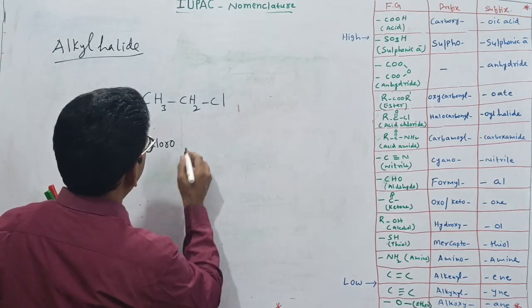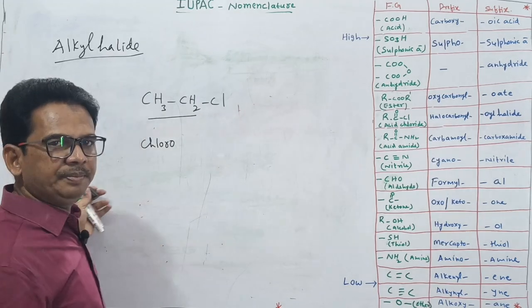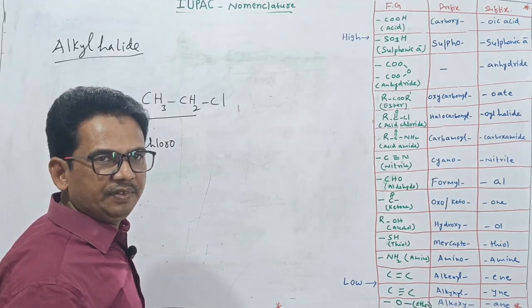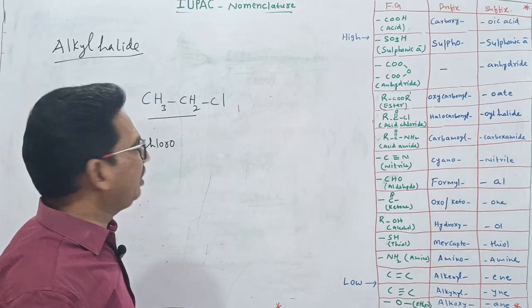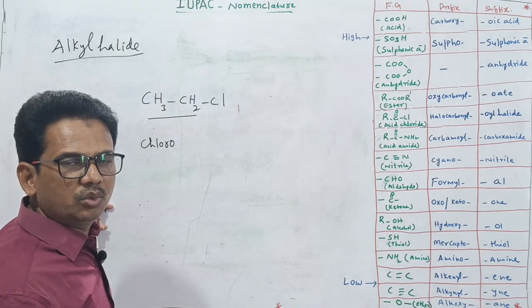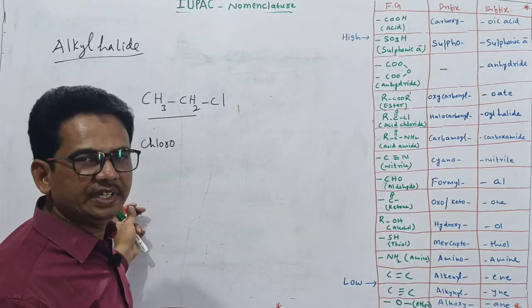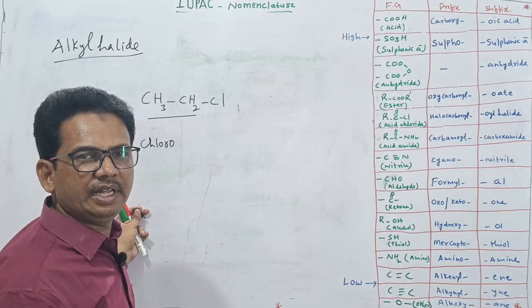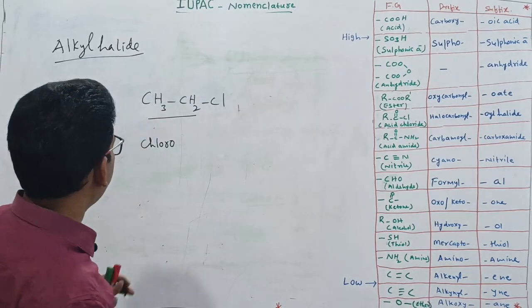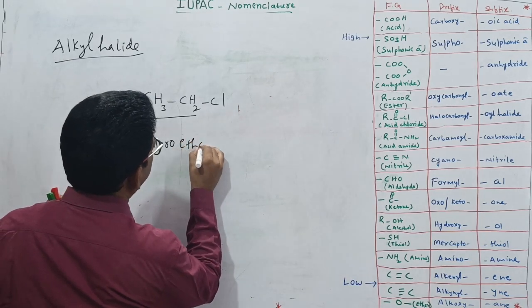Okay, then what is the name of this one? Alkane names: when it has a single bond and 2 carbons, then what is it called? 2 carbons, word root is what? Eth. It is saturated, that's why it is called ethane, because it has a single bond. Then how will we write the name? Chloroethane.